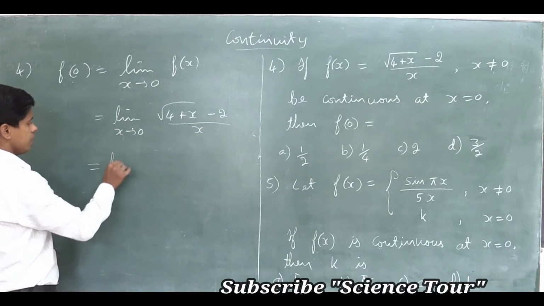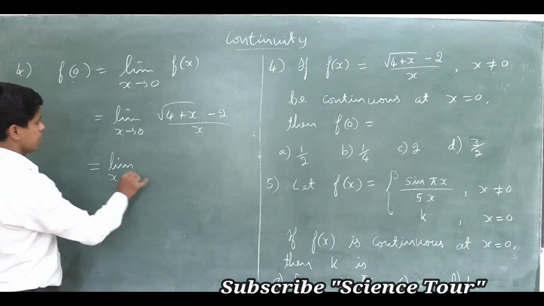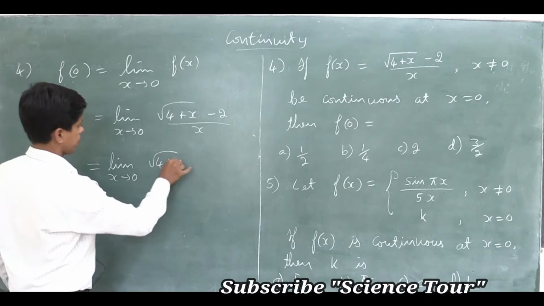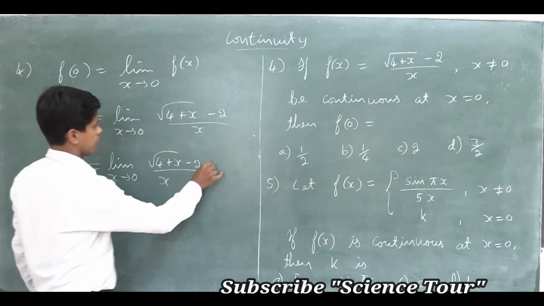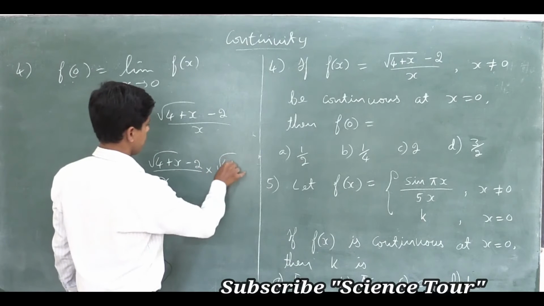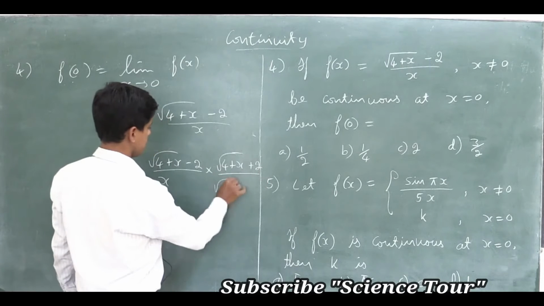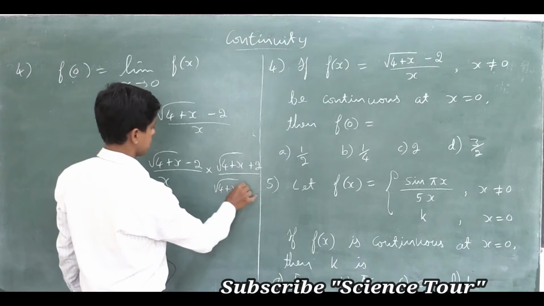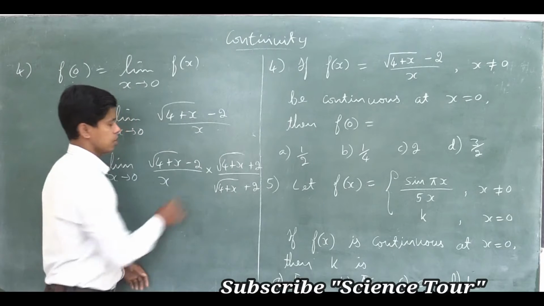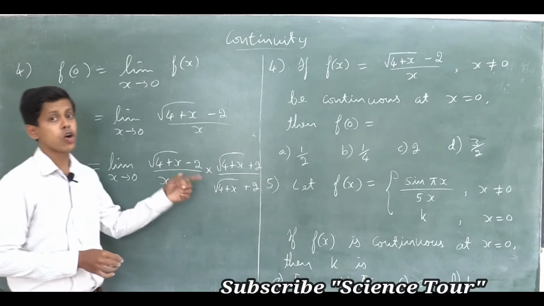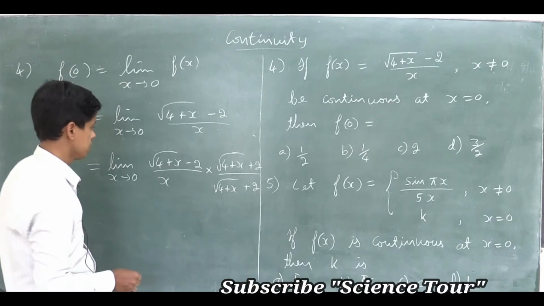So multiply and divide by square root of 4 plus x plus 2, divided by square root of 4 plus x plus 2. That's the thing, we have to multiply and divide in order to rationalize the term here.